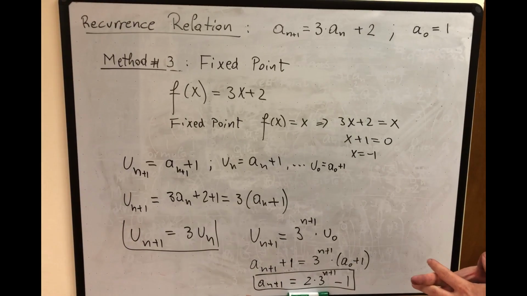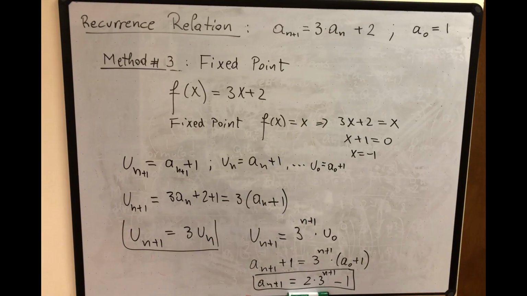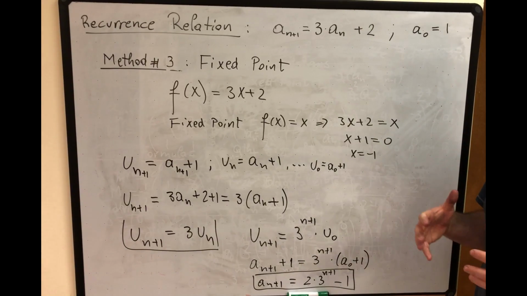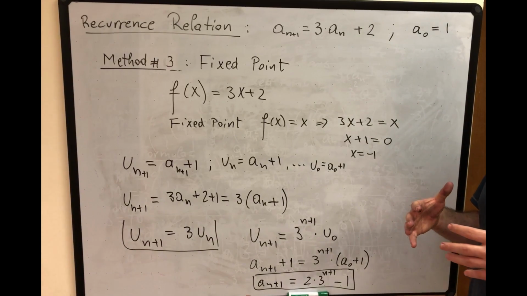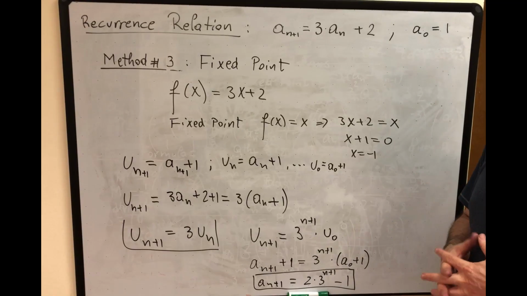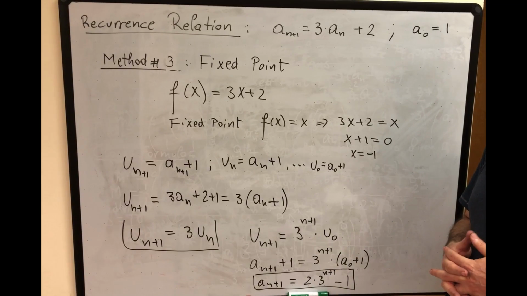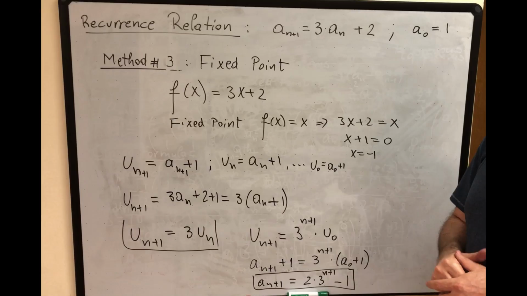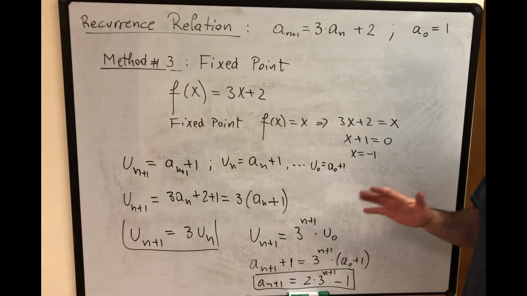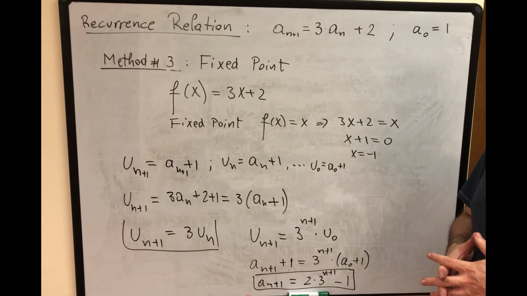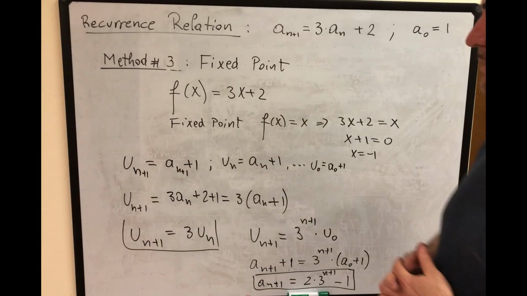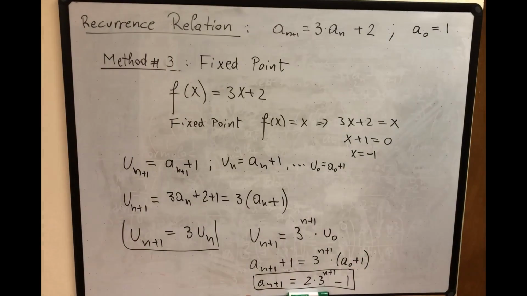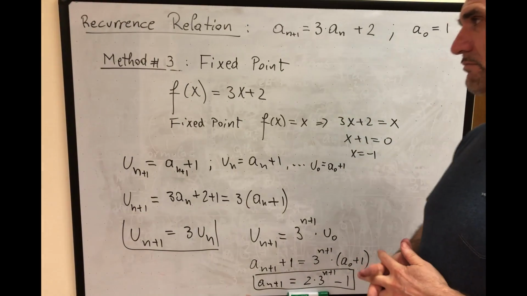Iteration works most of the time, but sometimes you have to be creative with the methods you use to solve a recurrence relation. But if you keep in mind these 3 methods, if you are working with not very complicated recurrence relations, those are going to work in general.